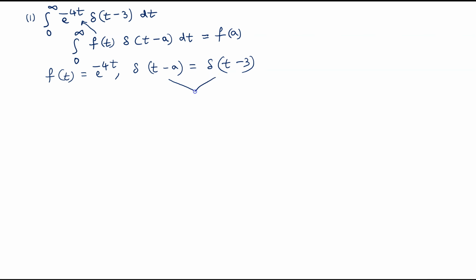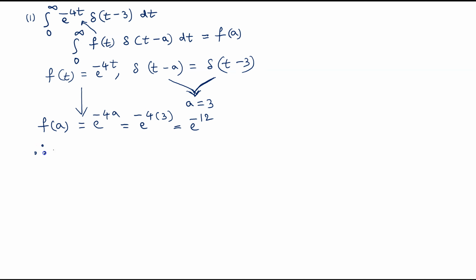So from this you can write a equal to 3. Now here f of t equal to e power minus 4t. So we know value of a. Now replace this t by a. Here f of t equal to e power minus 4t implies f of a equal to e power minus 4a, which is equal to e power minus 4 into 3, which is e power minus 12.